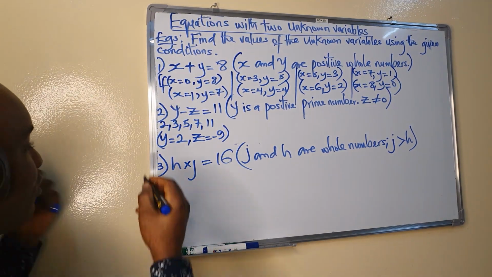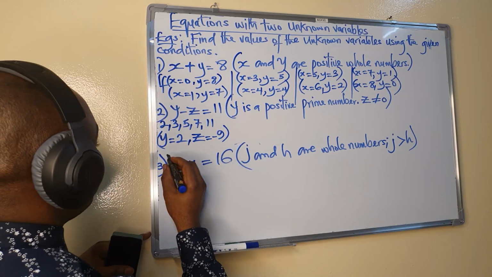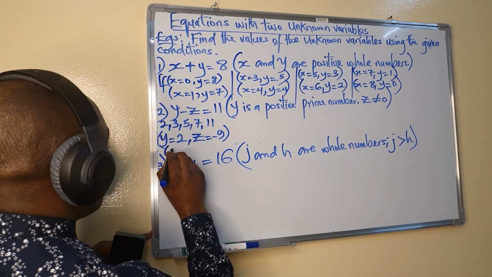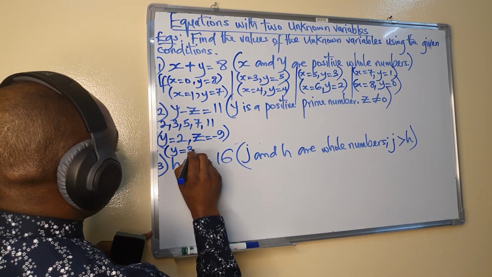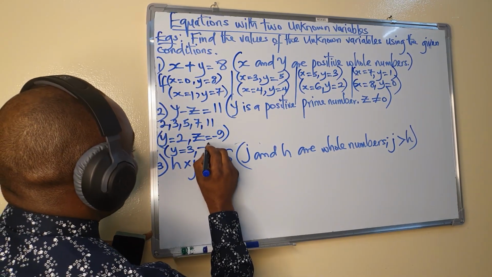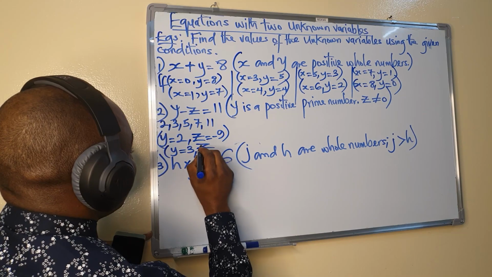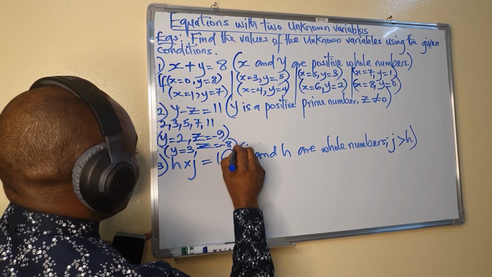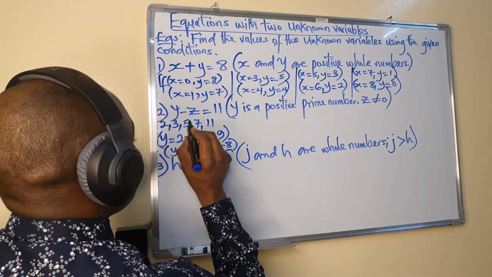So let's proceed. When y is 2, z is negative 9. Let's check the next value. When y becomes 3, what will be z? 3 minus 11 will give you negative 8. So z will be negative 8. Done. Next value, 5.